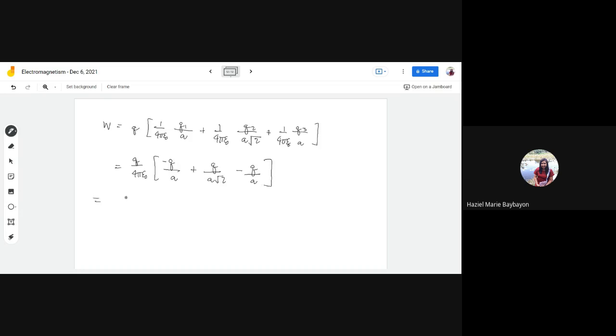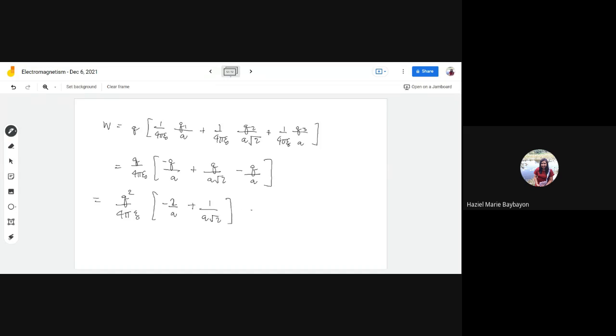So this is equal to Q over 4 pi epsilon naught. You can take all the Q's; this is actually Q squared. And then we are left with minus 1 over A. So this is minus 2 over A. Correct? Minus 1 over A plus minus 1 over A, you have negative 2 over A, plus 1 over A square root of 2.